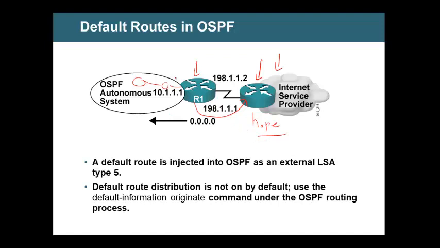Router 1 needs to say that. Router 1 needs to inform every router in the autonomous system. There may be 5 areas, area 1, area 2, area 3, area 0. R1 needs to inform everyone that I will take care. Come to me.